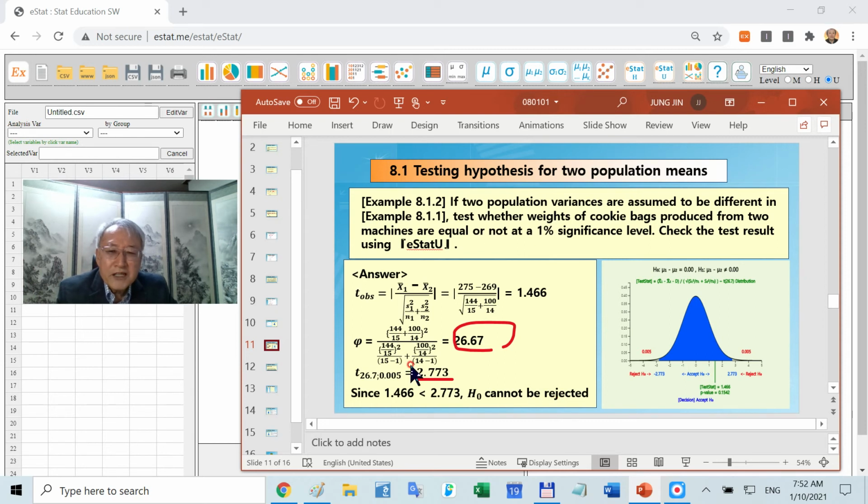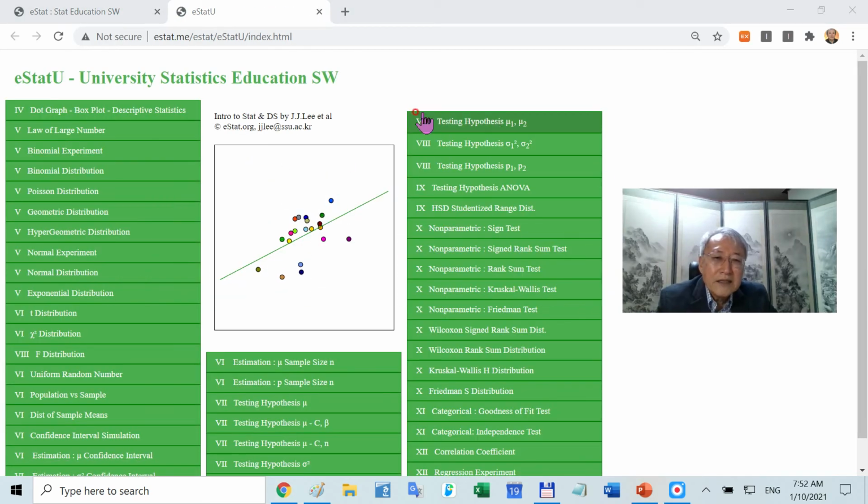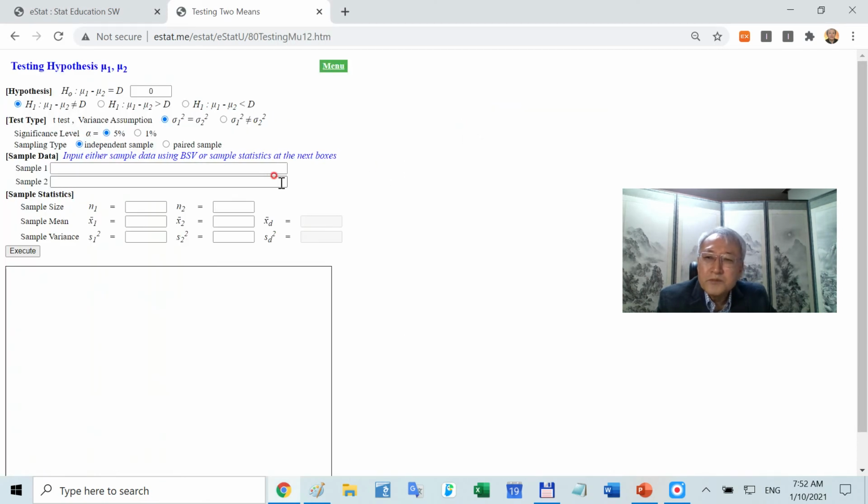How can you practice in E-stat? Well, maybe E-stat U would be better. Are you ready to use E-stat? Click the E-stat U button. There are testing hypotheses for mu1 and mu2. Maybe the default is the alternative hypothesis not equal, D in this case 0, and you want to have 1%.